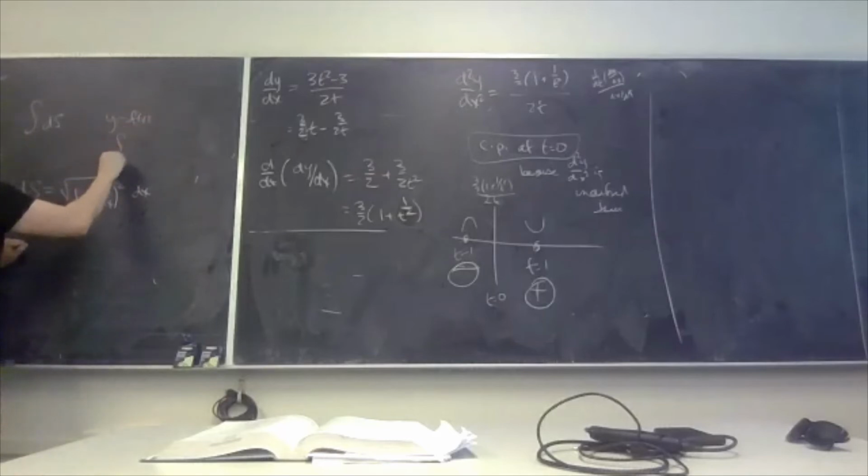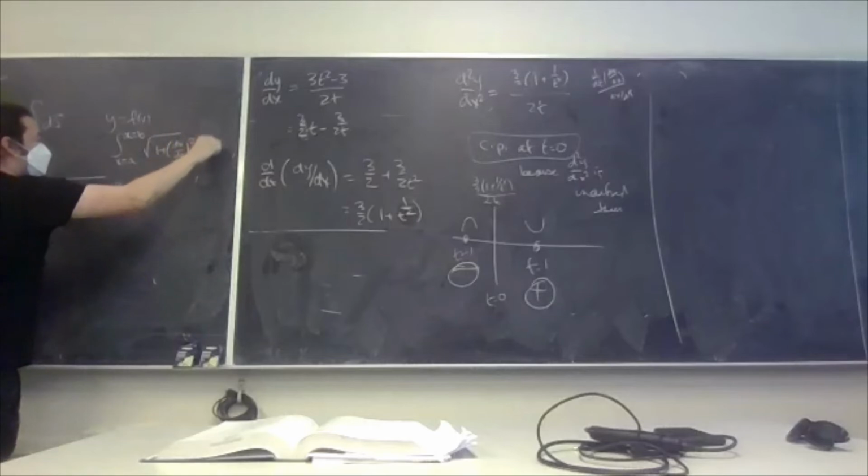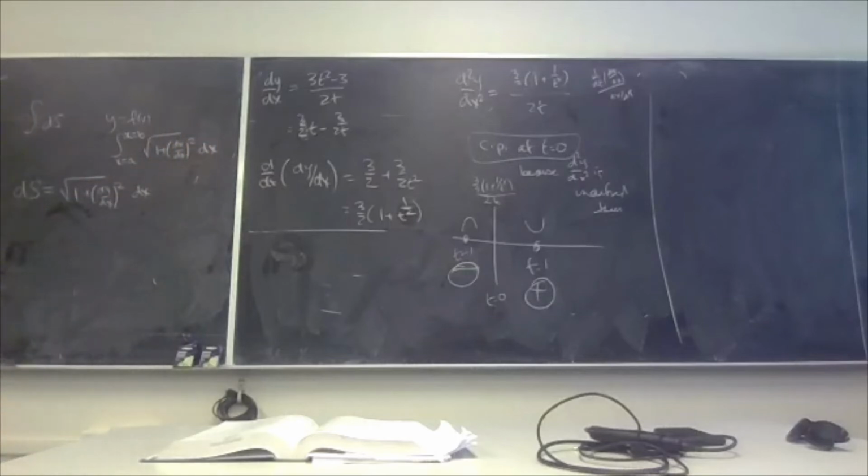Then you integrated from x equals a to x equals b of the square root of 1 plus dy/dx squared dx. That is the formula for arc length, right? L is equal to this in the case where y was a function of x.